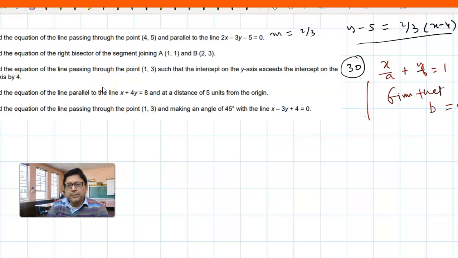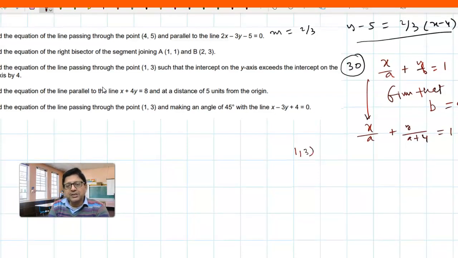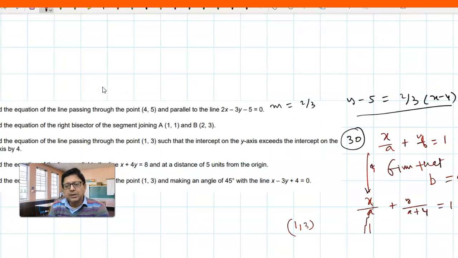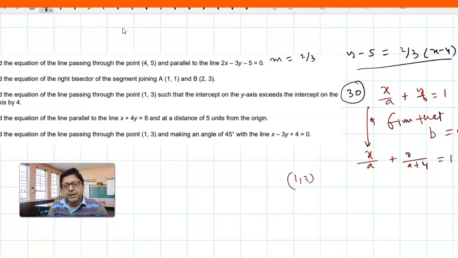Now, by putting b equal to a plus 4, this is x by a plus y by a plus 4 is 1. Since it passes through the point 1, 3, so what do you get? If it passes through the point 1, 3, then you use the condition, that is 1 by a plus 3 by a plus 4 is 1.